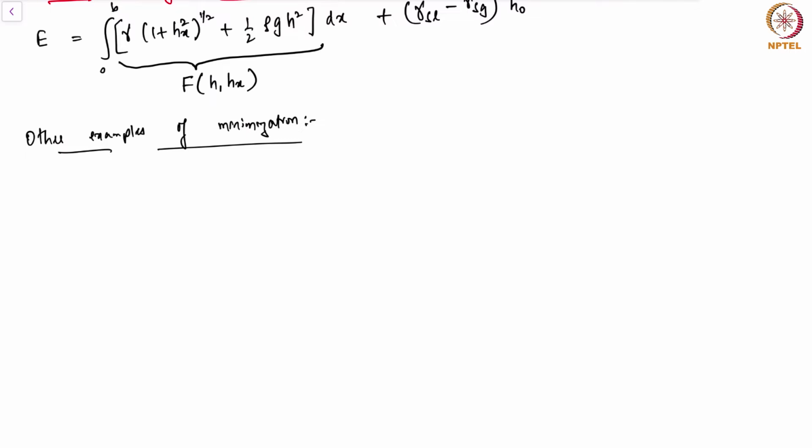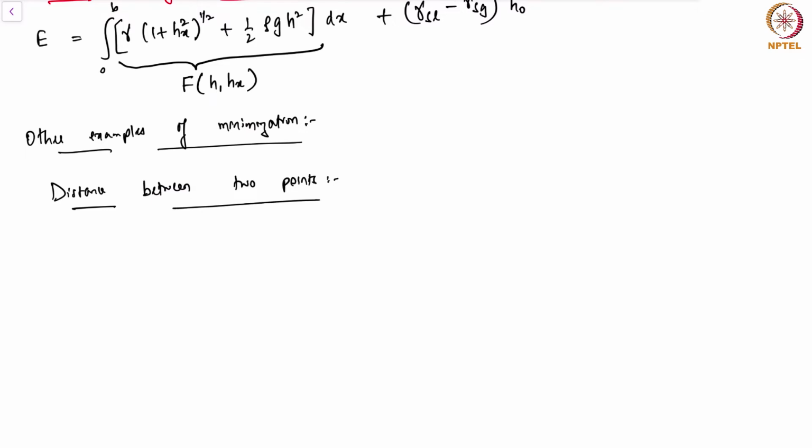Other examples of minimization could be, for example, the distance between 2 points. Okay, this is literally a minimization problem.